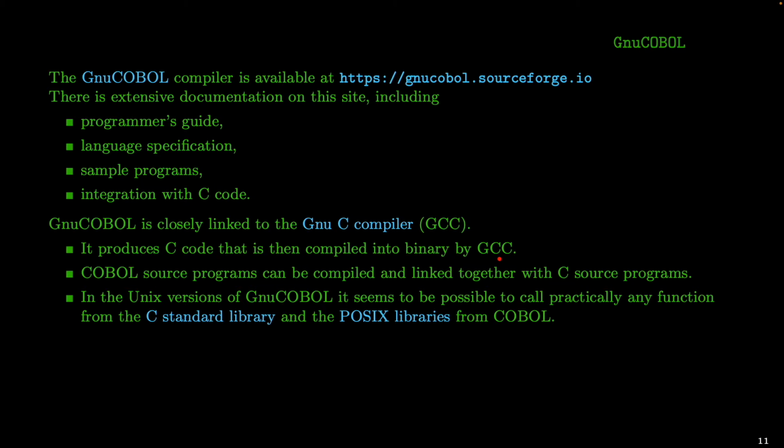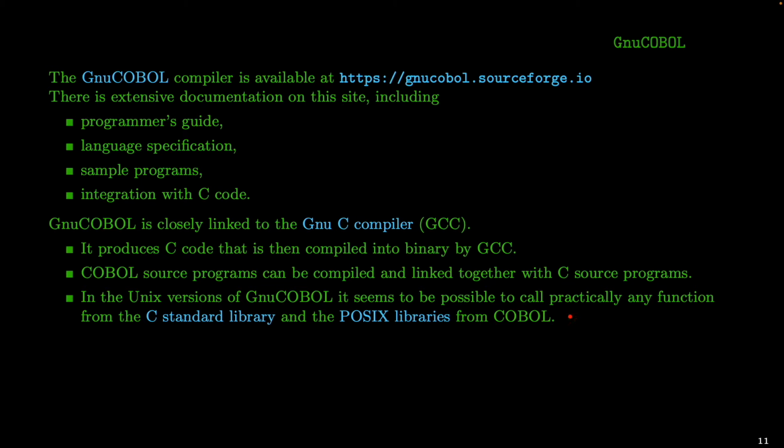And a nice feature of this is that it's actually rather easy to link COBOL programs and C programs together with GnuCOBOL. So it's very similar to doing it with GCC. And as I've discovered, if you use the Unix version of GnuCOBOL, you can call practically any function from the C standard library or the POSIX libraries from COBOL without any additional effort.